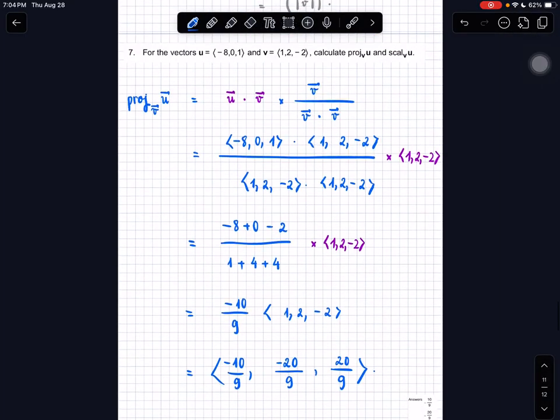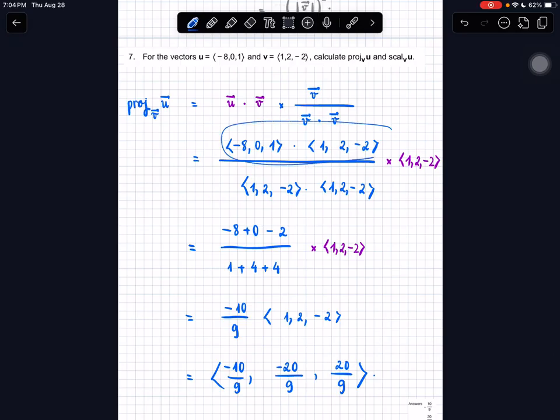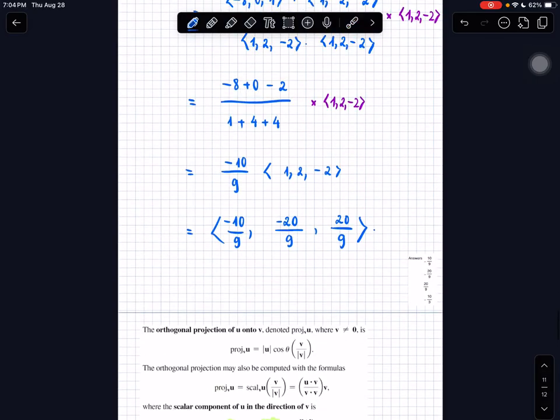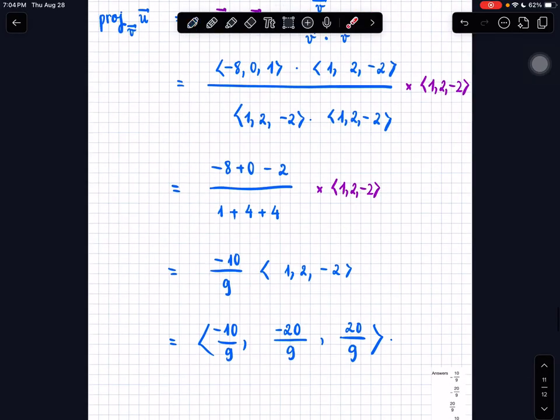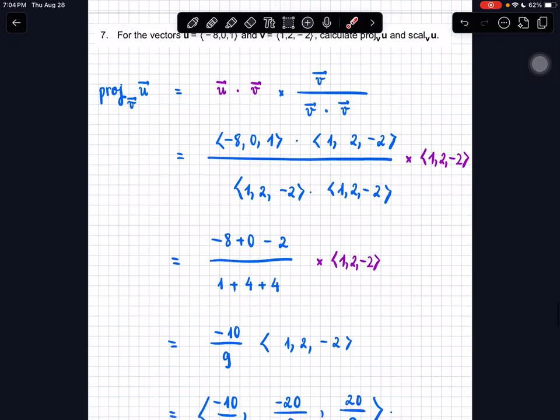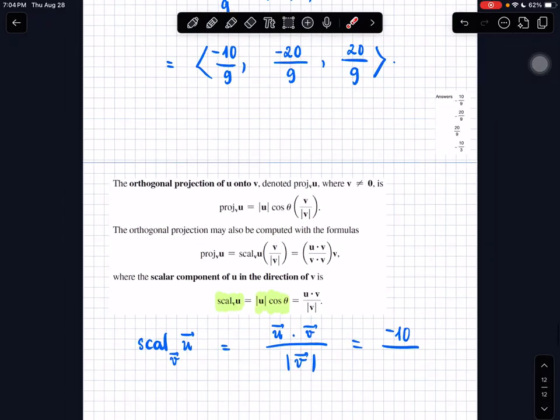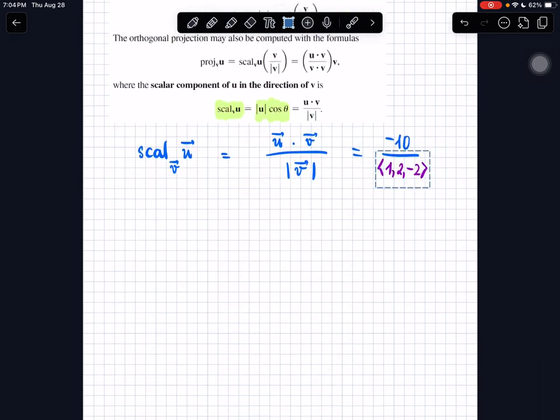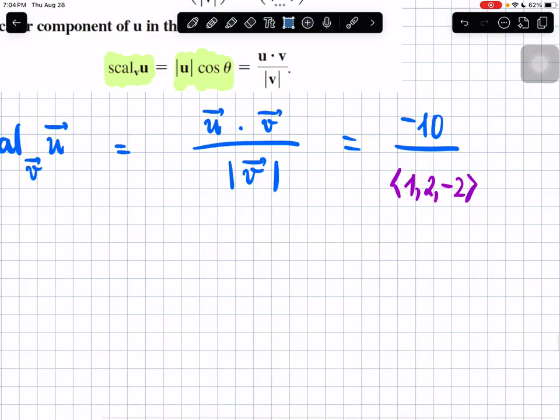U dot v, we computed that here, which is minus 10. The length of v is the square root of that, so it is 3. That is the length of this vector.